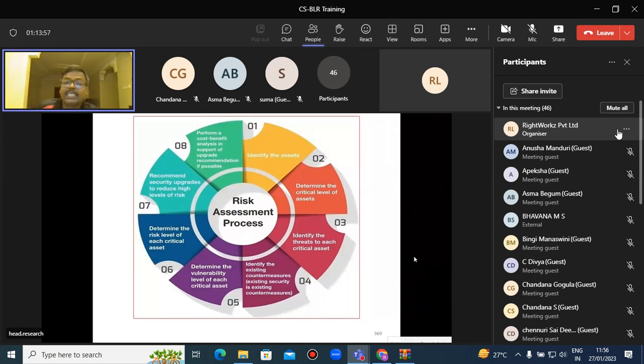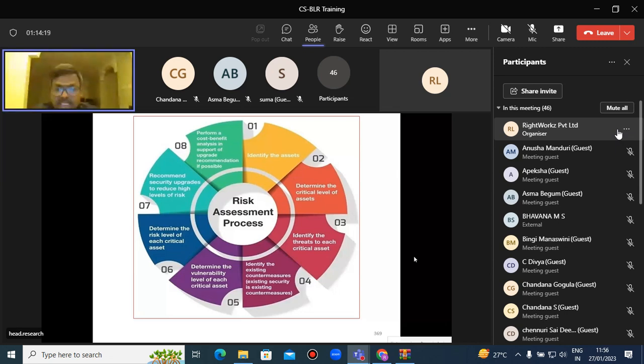Second step, it determines the critical level of assets. So what type of critical levels in the assets? Then third one, identify the threats to each critical asset.